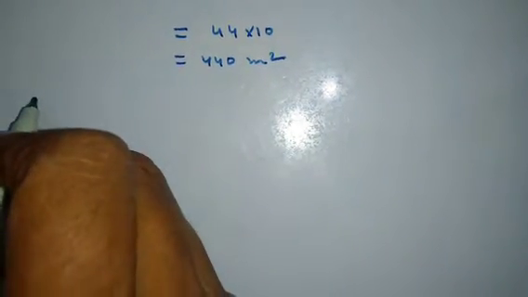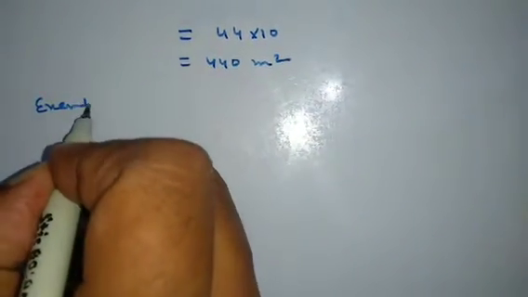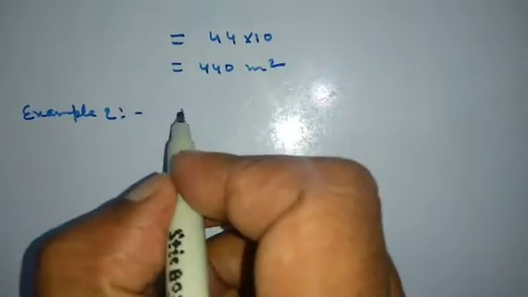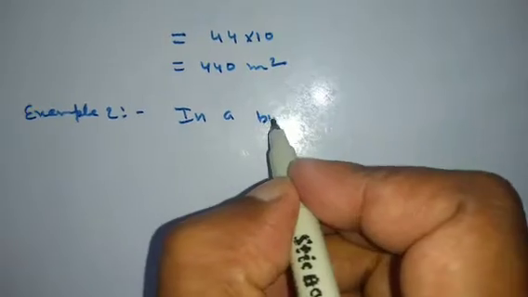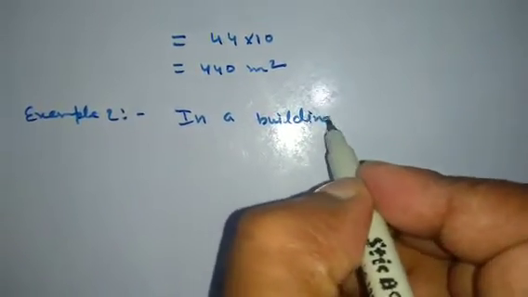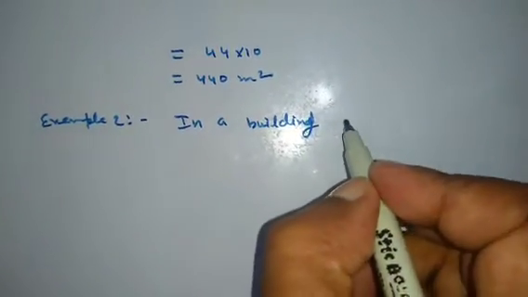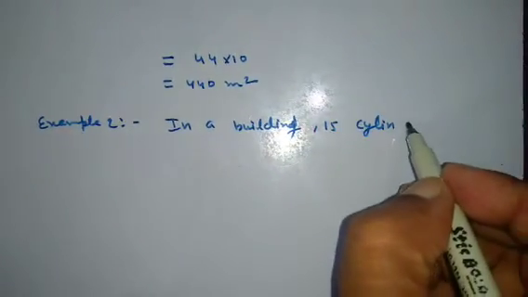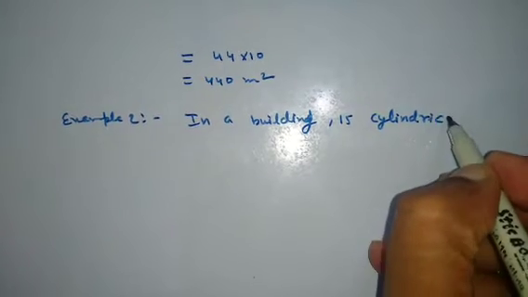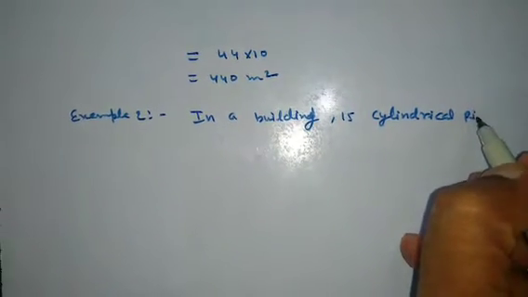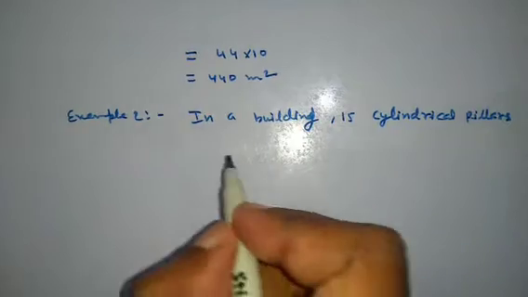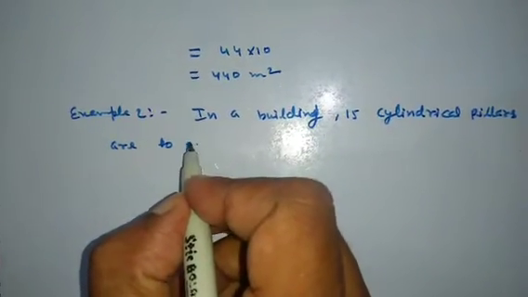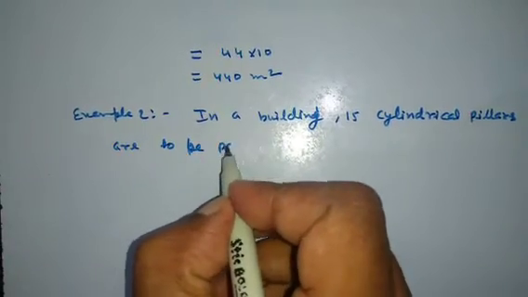Now example 2. In a building 15 cylindrical pillars are to be painted.